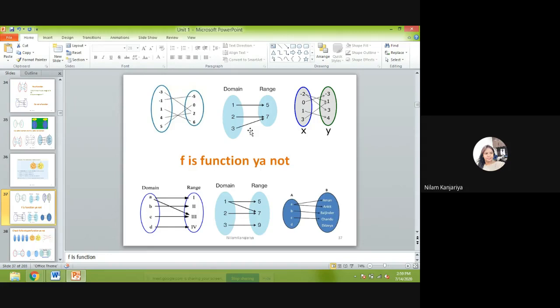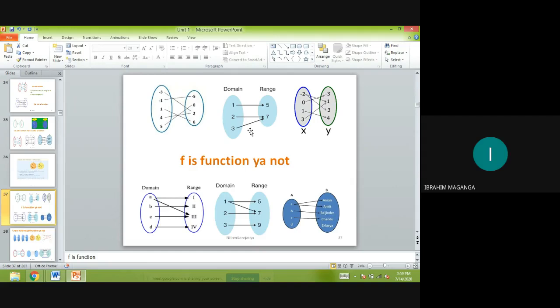Why is it not a function? No, it's a function, because it is not possible to give two answers to one question. Okay, no problem, take your time. Is it a function or not, and why?